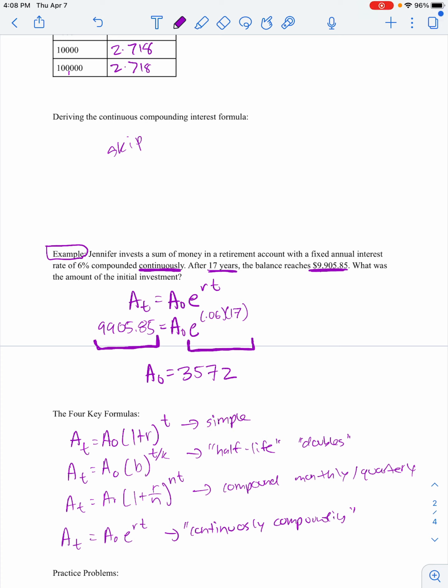If you don't see that it's compounding monthly, quarterly, semi-annually, then you're going to use this first one. So on the word problems, you're first just trying to figure out which of these 4 we are going to use, and then you mostly just plug in the things where they belong.